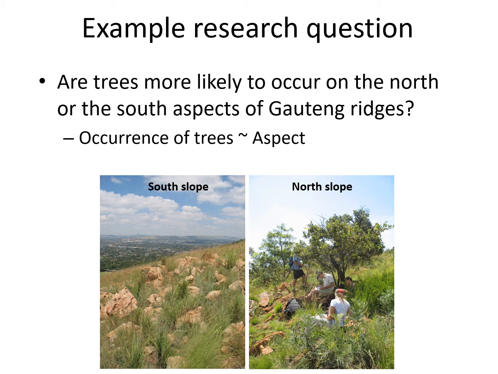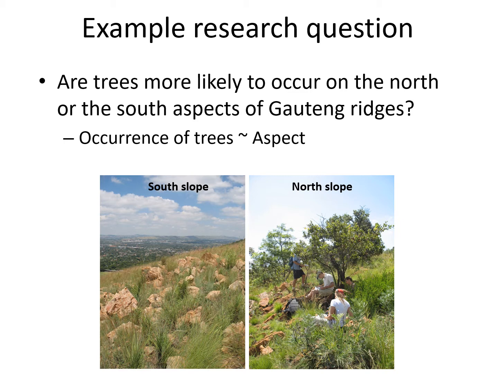So you could think, for example, of the Magaliesberg, which runs through Pretoria North. And these two images are from the Magaliesberg, and you can see in them the south slope looks like it has far fewer trees than the north slope. And this is an observation that you could make on other ridges around Gauteng.